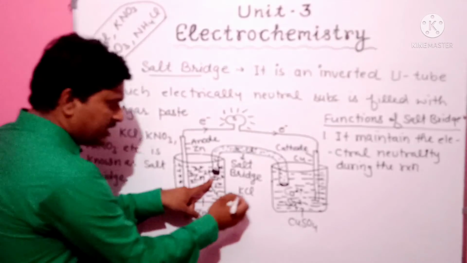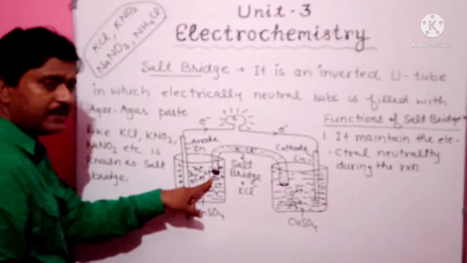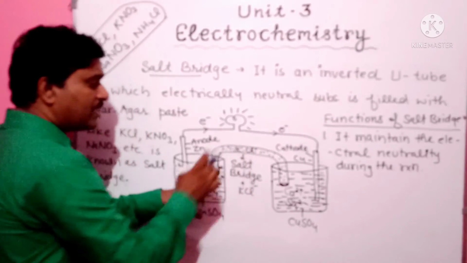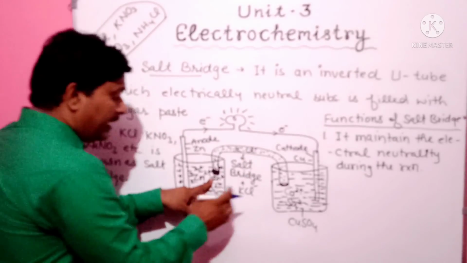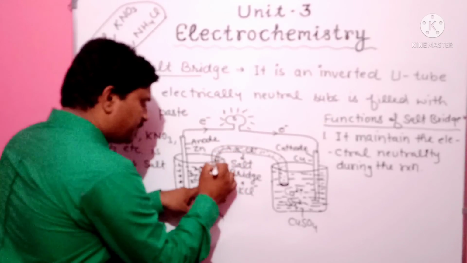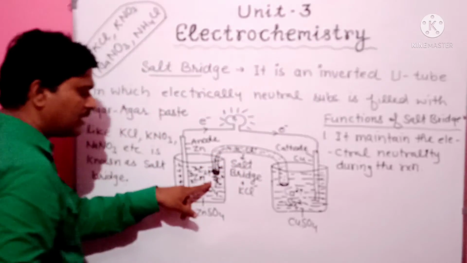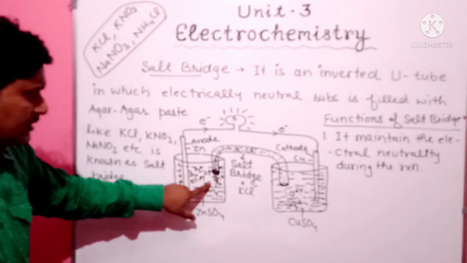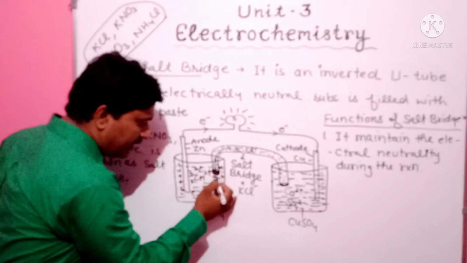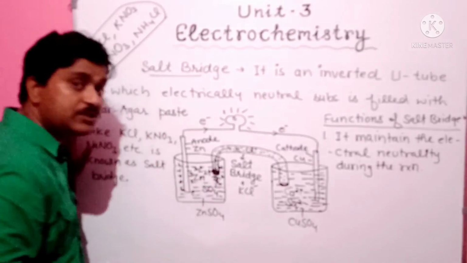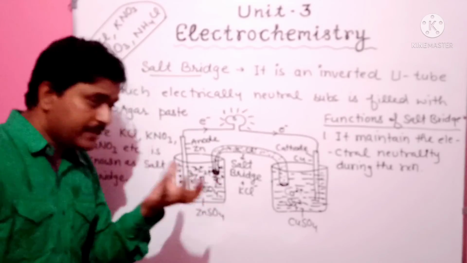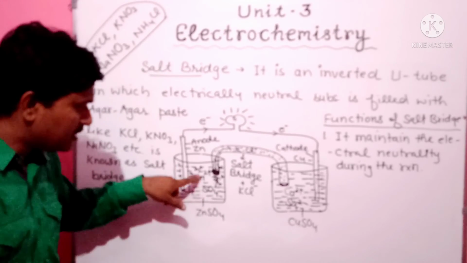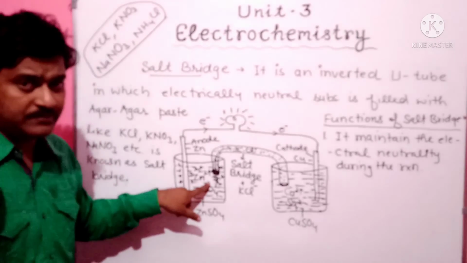KCl splits into potassium ion and chloride ion. The positive and negative charges are produced here, and the negative charged particles go to the anode. In that electrolyte, the negative charge is accepted by the zinc ions. When zinc ions accept the electrons, they convert to zinc. So there is no accumulation of charge here.